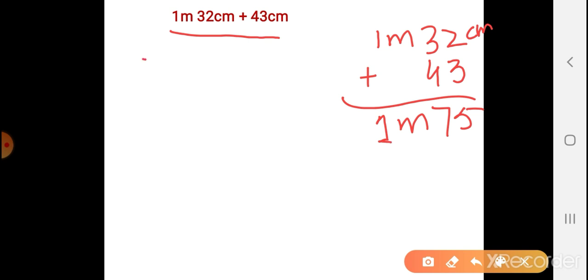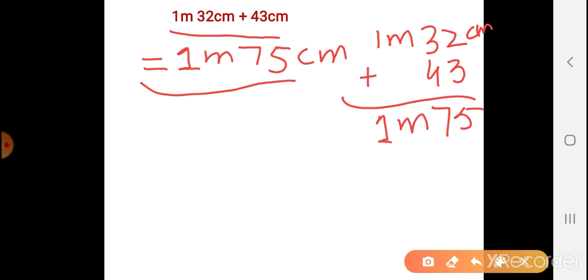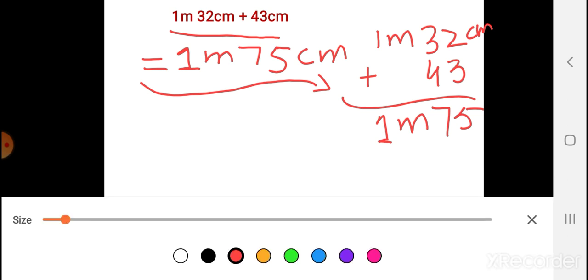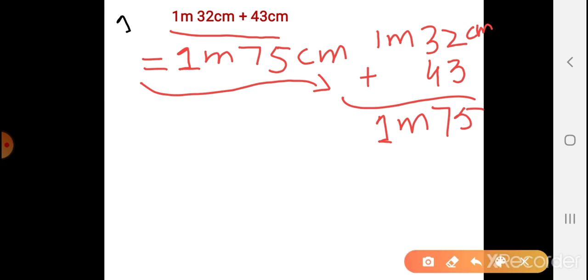So if we add 1 meter 32 centimeters and 43 centimeters, we would get 1 meter 75 centimeters. It means that the height of Jack's father is 1 meter 75 centimeters. That is our first step.